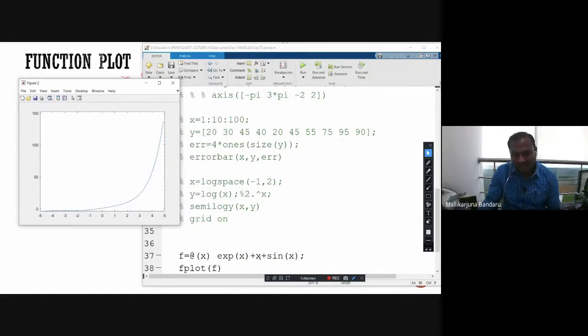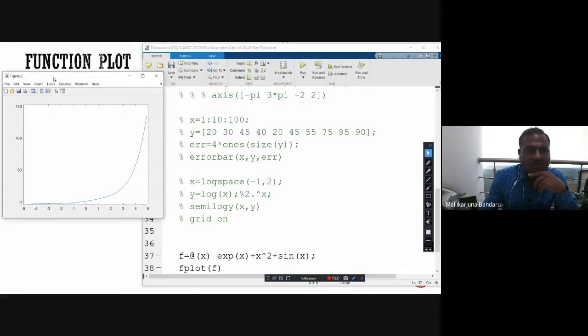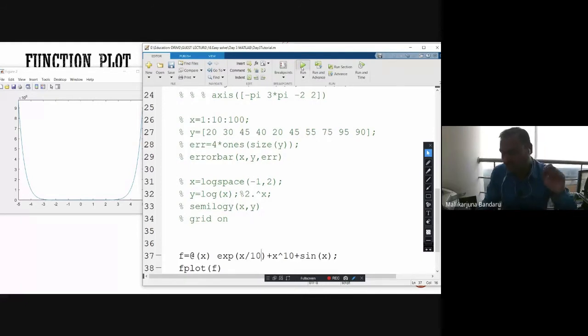And see, suppose I change the expression to x square. Now see what changes we observe there. Let me take x power 10. Suppose inside the exponential, e power x by 10. Let me take that and see what we observe here.